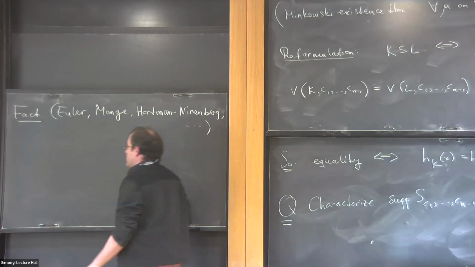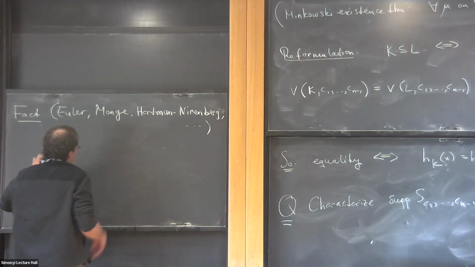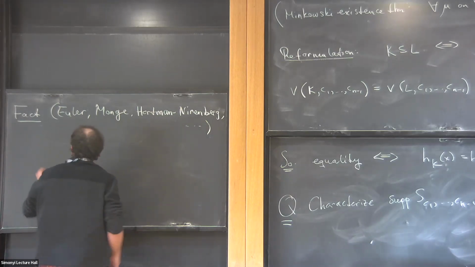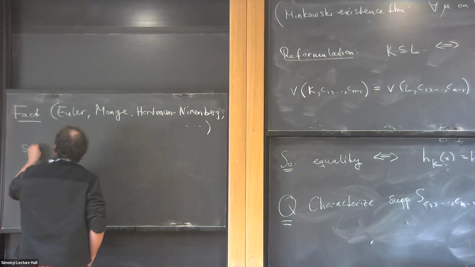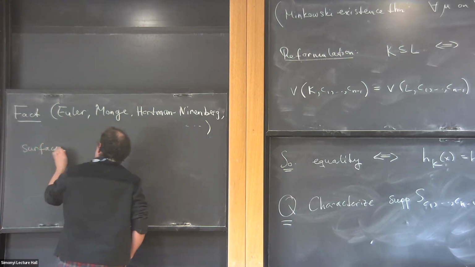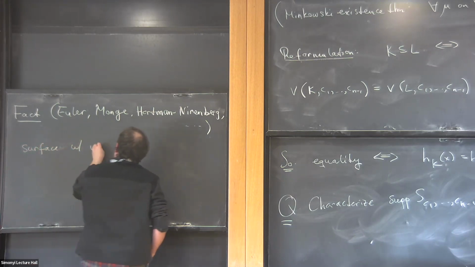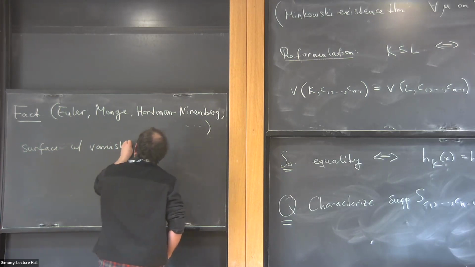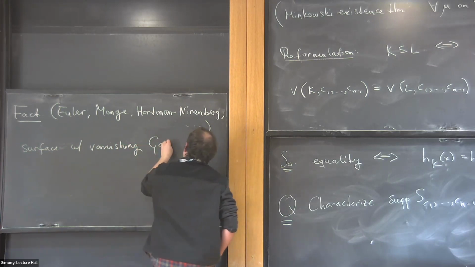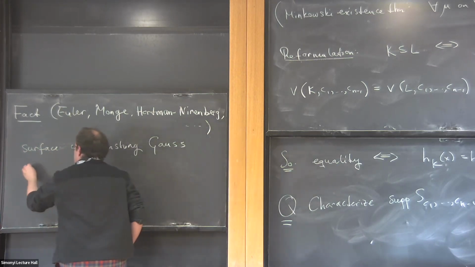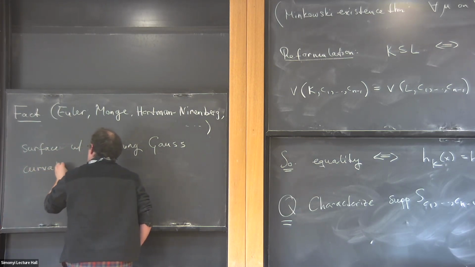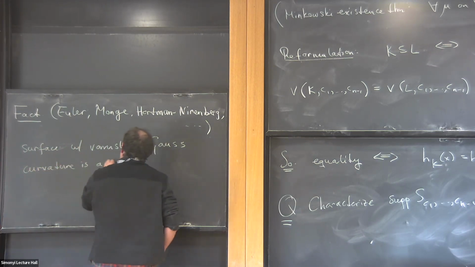Studied by many people, it basically says, so I'm going to write it in a kind of geometric form, that the surface with vanishing Gauss curvature is a ruled surface.